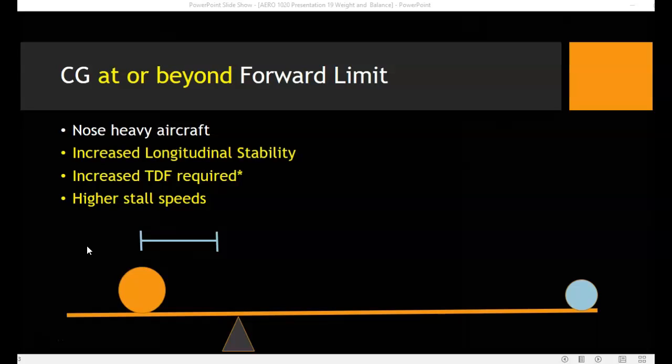And remember, a longer arm results in more force. So more tail downforce is required, which means that the pilot will have to fly at a higher angle of attack. Because the pilot needs to fly at a higher angle of attack, more load is being generated. And remember, more load leads to higher stall speeds.